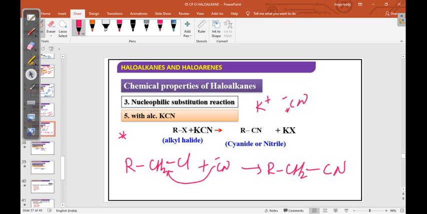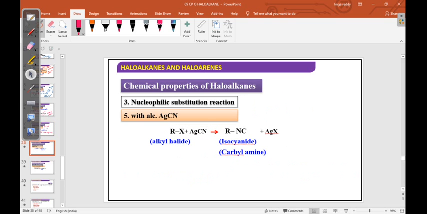Next, this reaction again depends a little on the concept. Ag-C triple bond N. Here the Ag and C have a covalent bond, so this carbon cannot act as a nucleophile. Nitrogen has a lone pair, so nitrogen acts as the nucleophile.